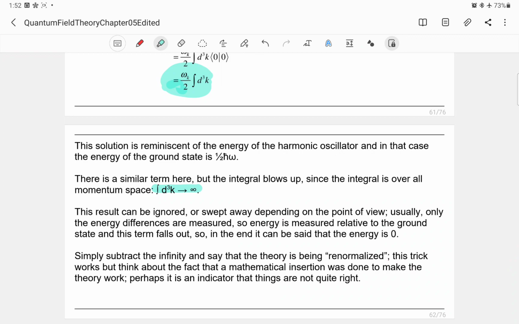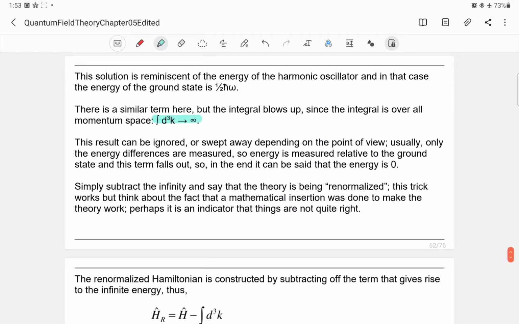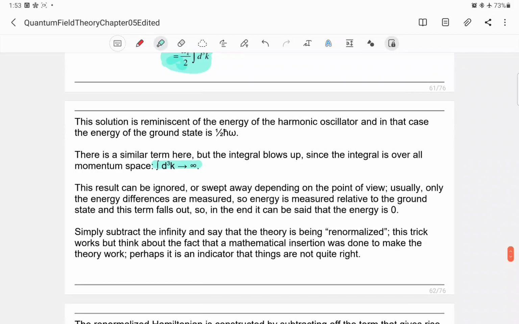However, that result can be ignored depending on your point of view. Usually only the energy differences are measured, so energy is measured relative to the ground state, and this term falls out. So in the end it can be said that the energy is 0. Now if we simply subtract the infinity and say the theory is being renormalized, this trick works.